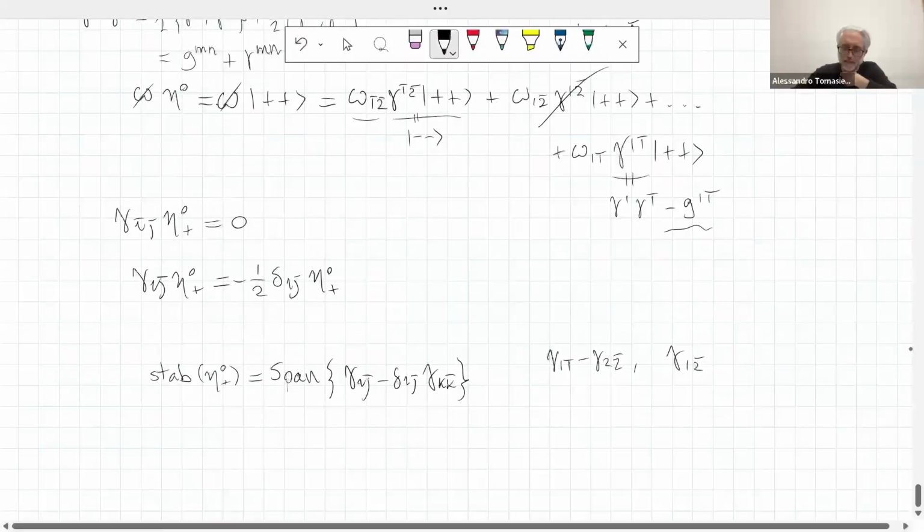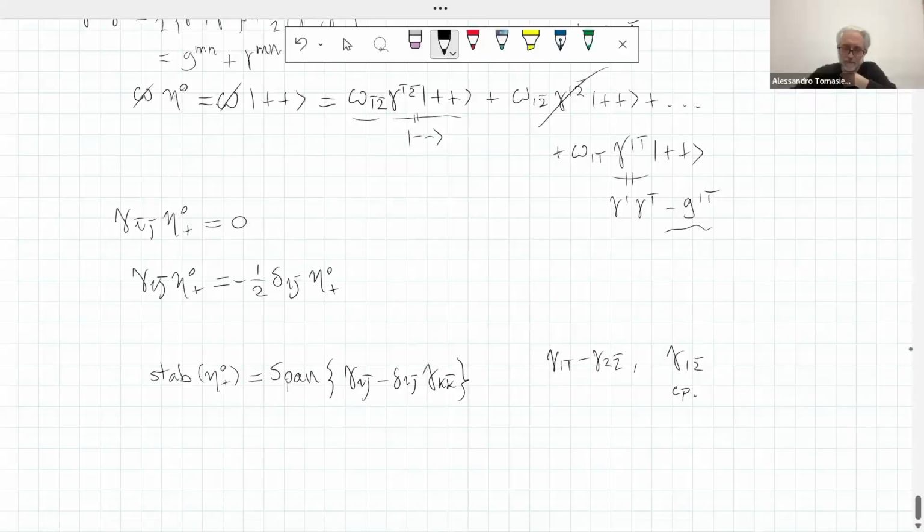So this is complex, and this is real. It's purely imaginary, so let me write it like this. So now it is real. So a total of 3 generators in this stabilizer.